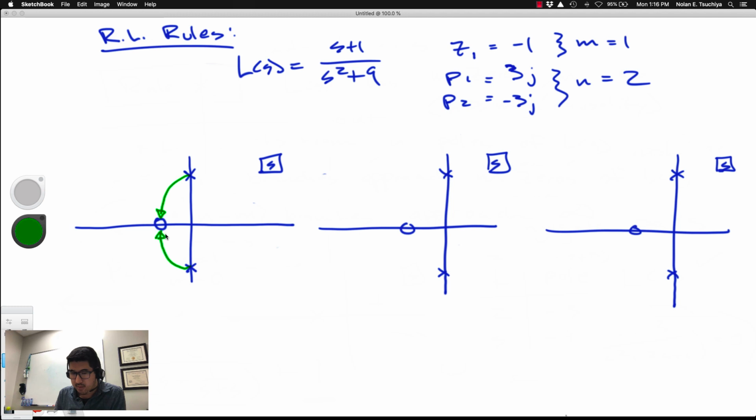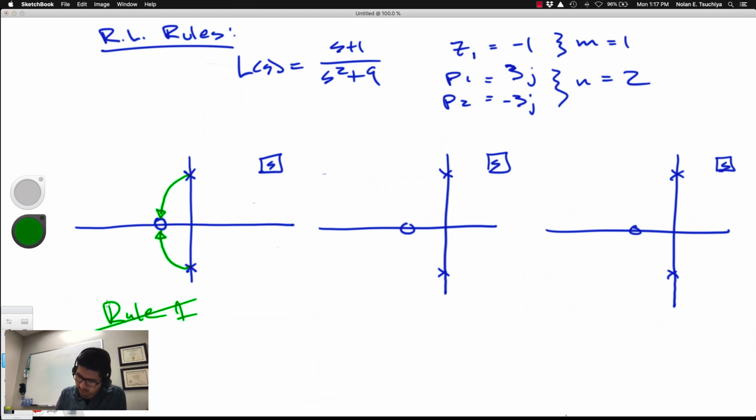And the answer would be no. It does satisfy rule 0, because the root locus is symmetric about the real axis. But according to rule 1, m of the branches, in this case one of the branches, should approach the zero of the transfer function L. And then n minus m, in this case 2 minus 1, one branch should approach infinity. So in this case, rule 1 is violated.